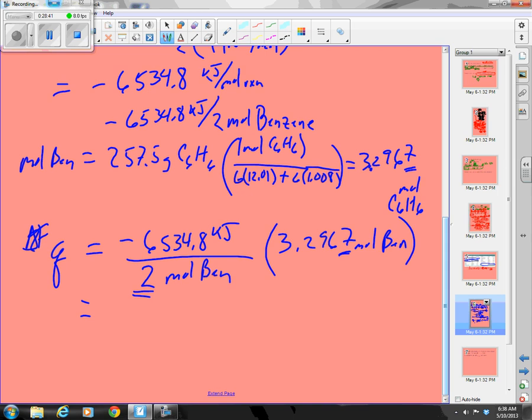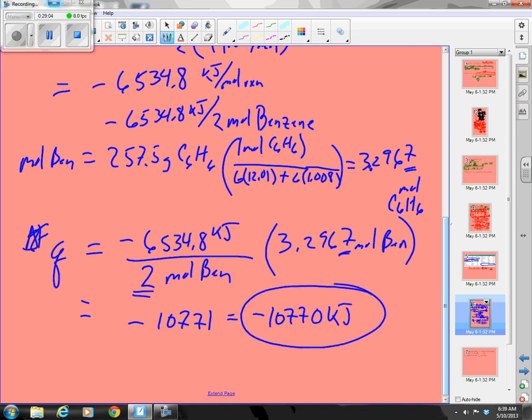So I take 3.2967 times 1 divided by 2, and my answer looks to be negative 10771. How many sig figs? Looks like 4 sig figs here. So it's negative 10770 kilojoules released when 257 grams of benzene are combusted.